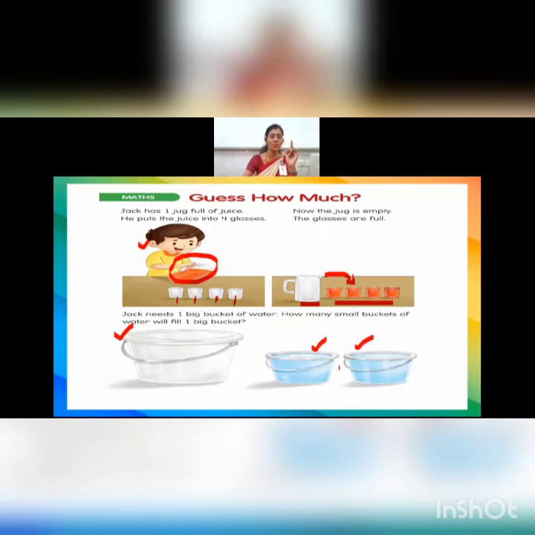He has 2 small buckets, isn't it? Let's find out what he is going to do with those 2 small buckets of water.